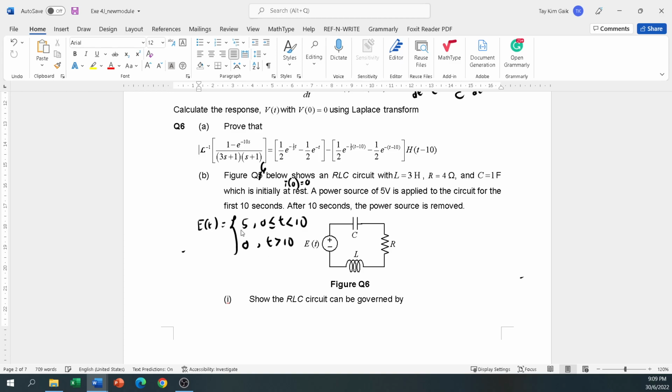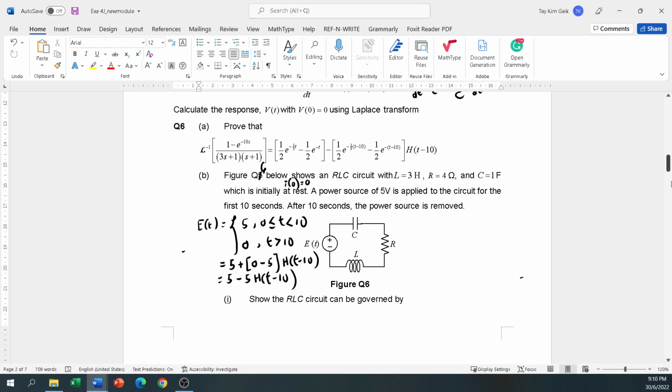So this is a step function, and we convert it to a unit step function. Remember, we factor out the top, where the function is phi, and then take the bottom, which is 0 minus top, so phi minus phi ht minus 10.